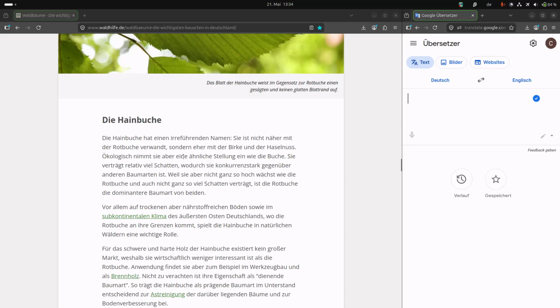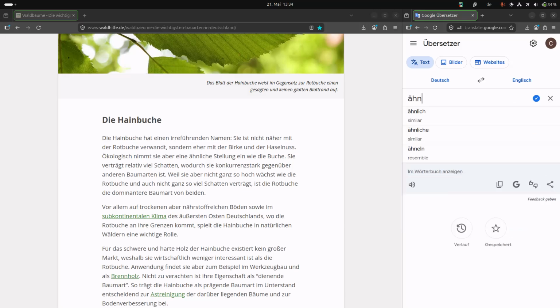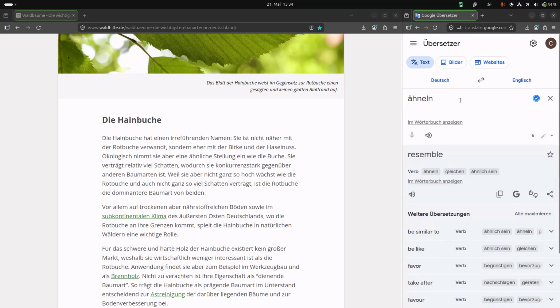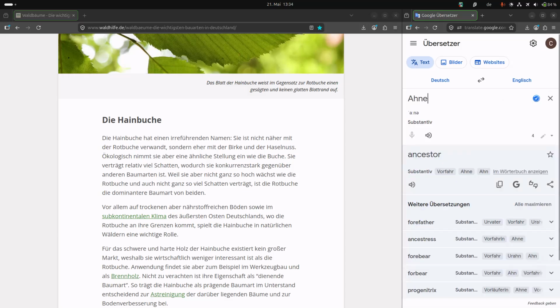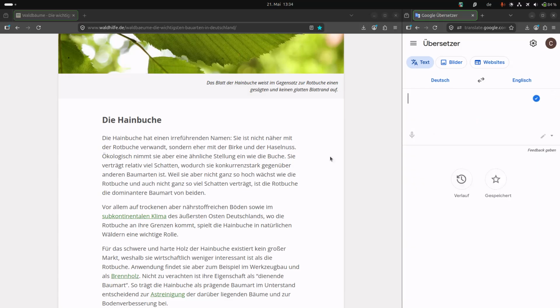So, ökologisch nimmt, takes, sie, she, in this case it, because English is just that way, aber, but, or rather though, eine, a, ähnliche, similar. Ähnliche derives from the word ähneln, which means resemble, and I think, thinking about it, it probably derives from the word ahne, which means ancestor or forefather.